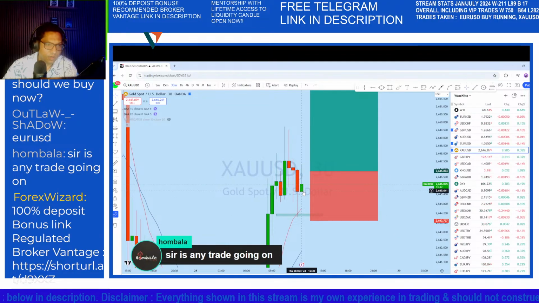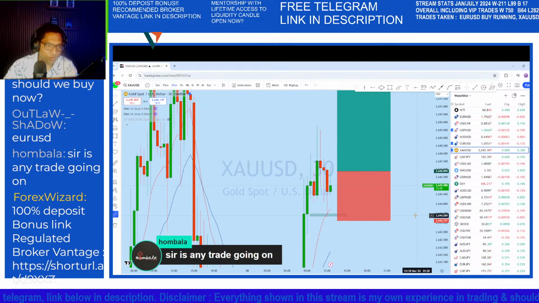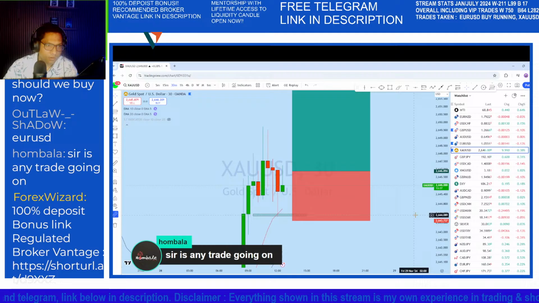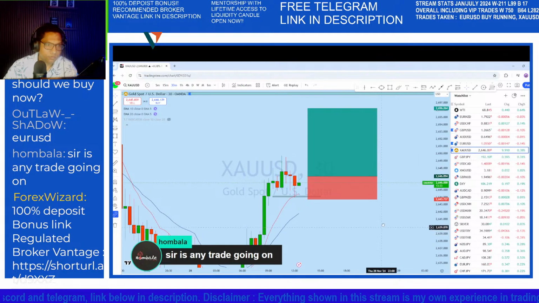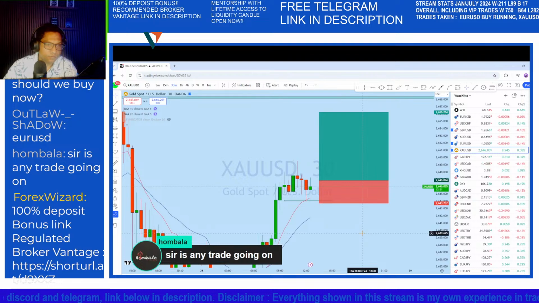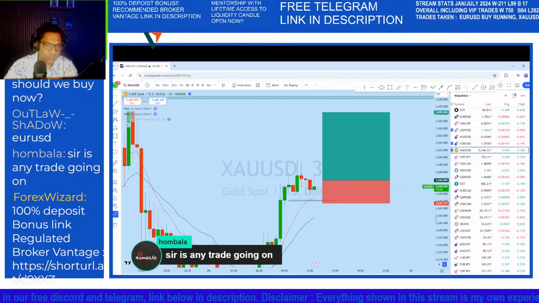Now here, multiple times it grabbed liquidity, and from that point of view, the potential trend on XAUUSD.